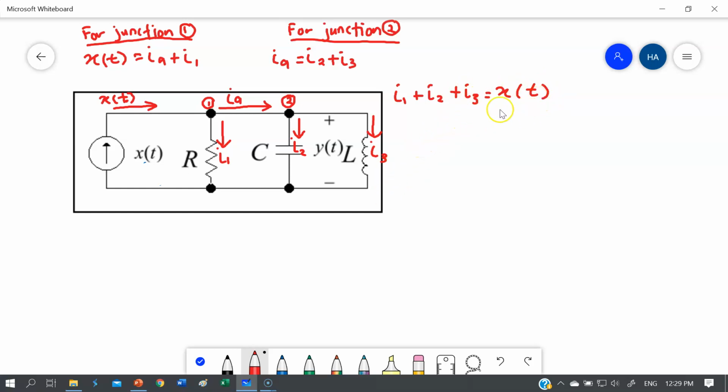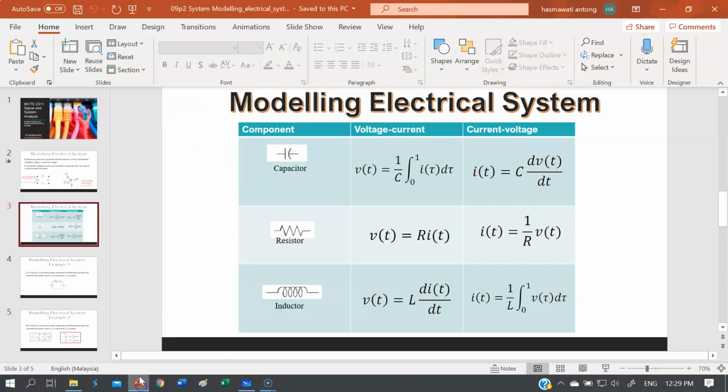So again, here we already have an equation, but this equation is not a linear differential equation. What we want is to represent this system by a differential equation. We can do that by looking back at our slide, where we have this table that gives us the relationship between current and voltage for capacitor, resistor and inductor.